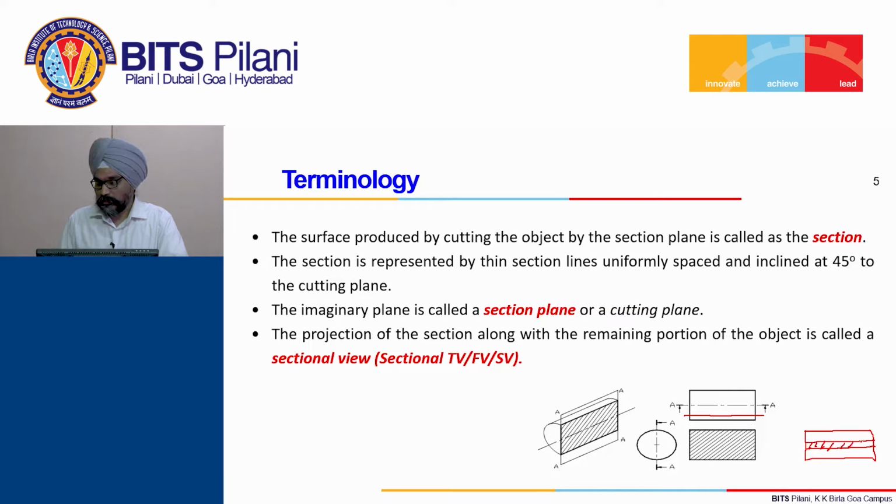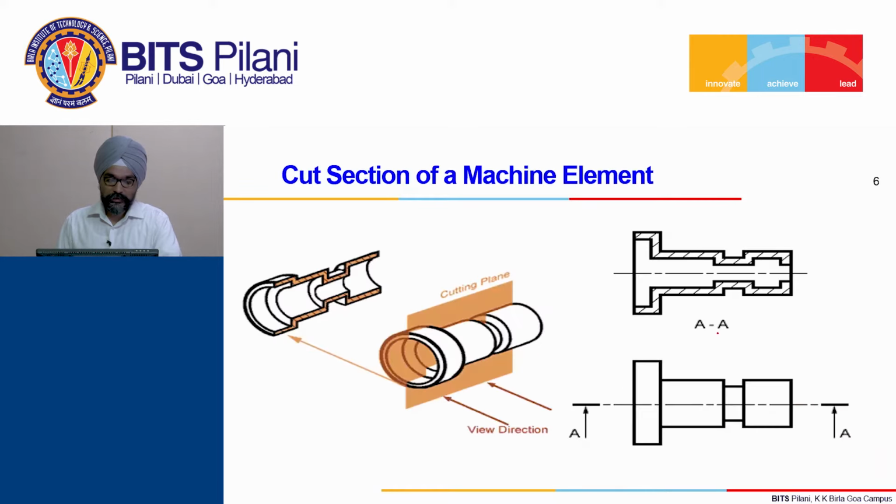So then there is a difference. This is called the section, and this whole thing is called the sectioned front view or sectioned view. This is called the sectional view. Okay, so this is the terminology we shall be mainly using.